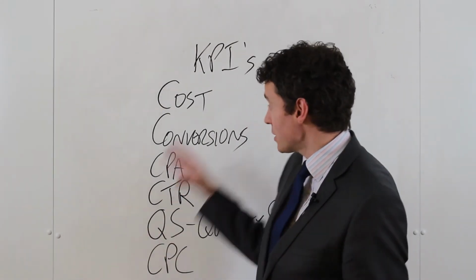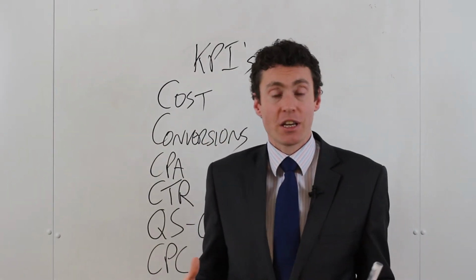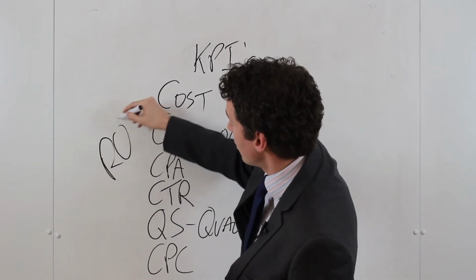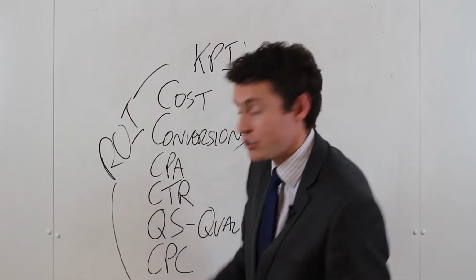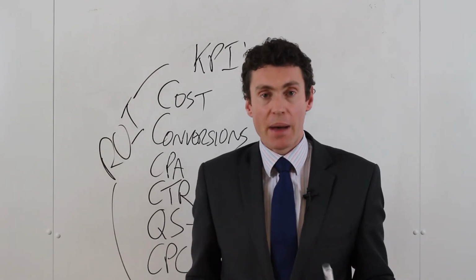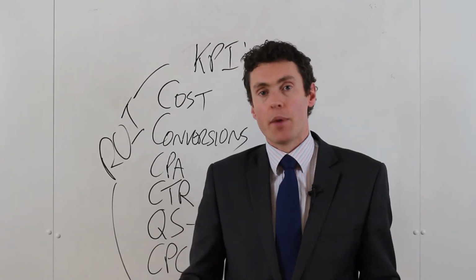These are the most important factors so that you can track something called your ROI. All of that gives you your return on investment. How much return you get back from your investment in this form of marketing.